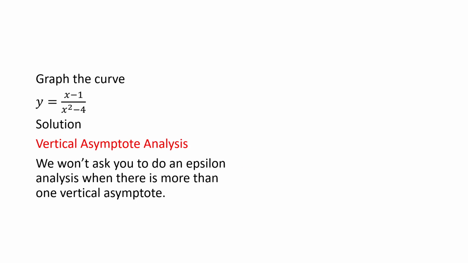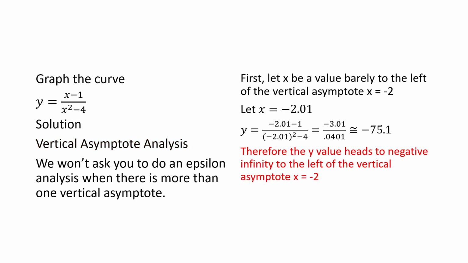So we've got a couple of vertical asymptotes. One's at x equals negative 2. So we're going to let x equal negative 2.01. Plugging that in to our function equation, we have a y value of approximately negative 75.1.